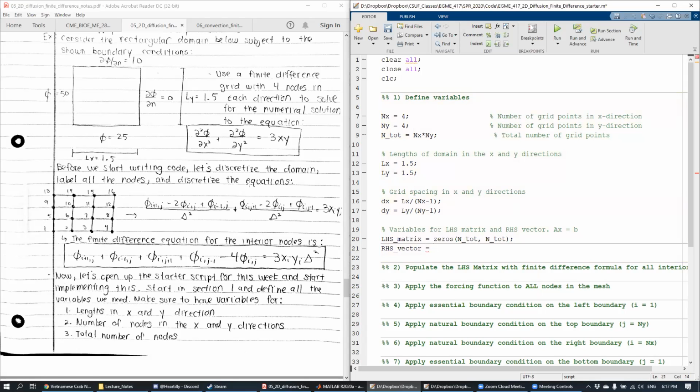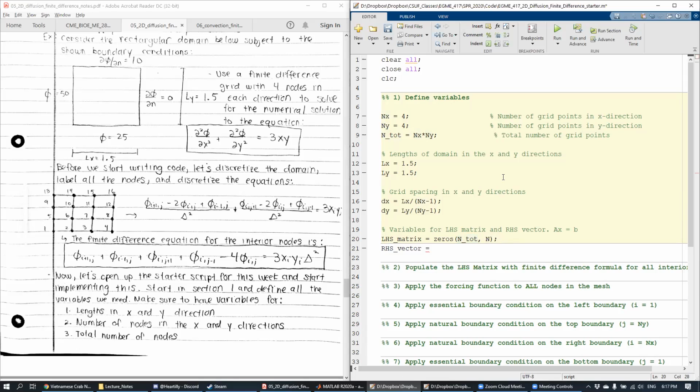Okay? And so be careful, because with a square grid like this, it's very tempting to do nx by ny, right? Because our grid here kind of looks like a matrix because it's a two-dimensional square, but resist that urge. Remember, your matrix here should be n total by n total because the matrix represents the set of equations.